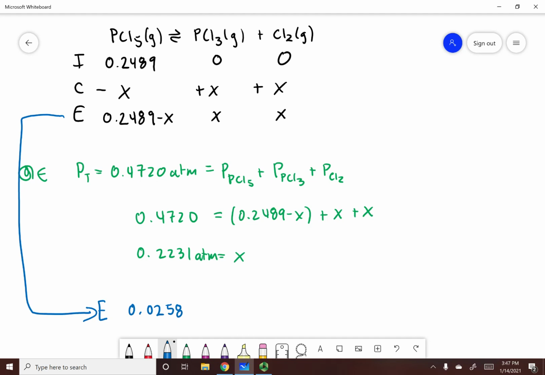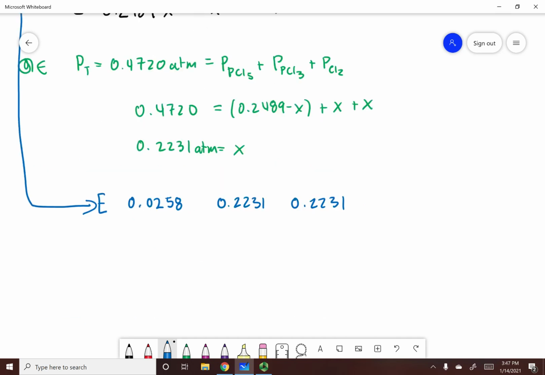For PCl3, it's just the value of X, 0.2231, and Cl2 also has X as its pressure, 0.2231.